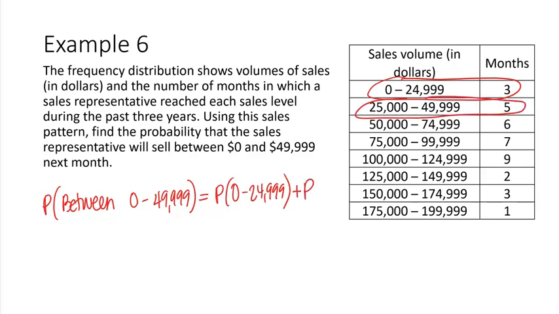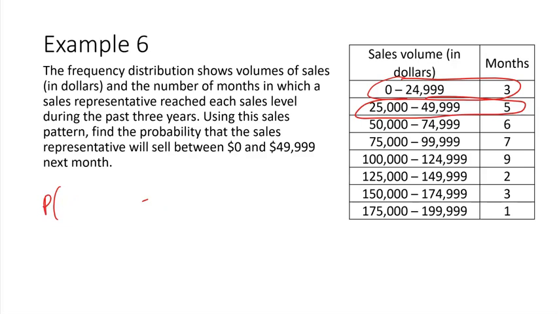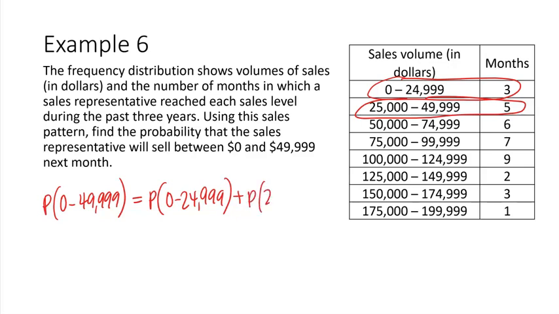The probability between 0 and 49,999 is broken up into 2 groups: 0 to 24,999 and the next group from 25,000 to 49,999. But y'all, you don't always have to set it up like a probability. You can just combine them by adding up.